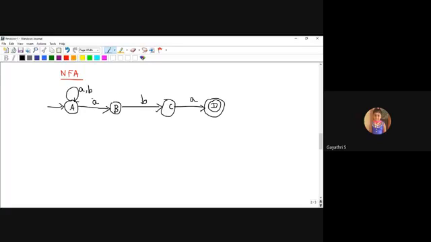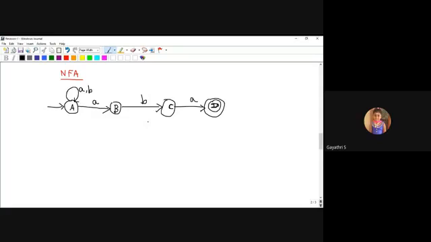In the NFA, I don't care where we go from state B on receiving a, or from state C on a and b, or about state D. So this is the NFA for this problem. Any string that ends with aba is accepted by this NFA.